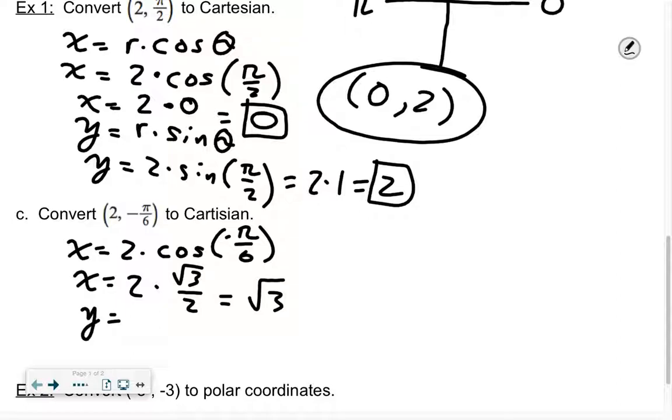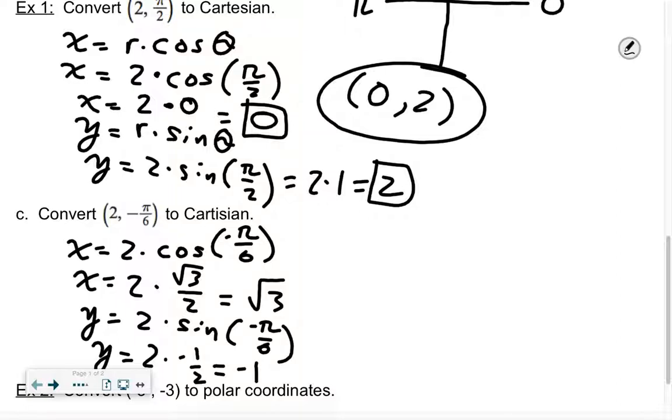If we go to y, the y value now is negative a half. So negative 1.